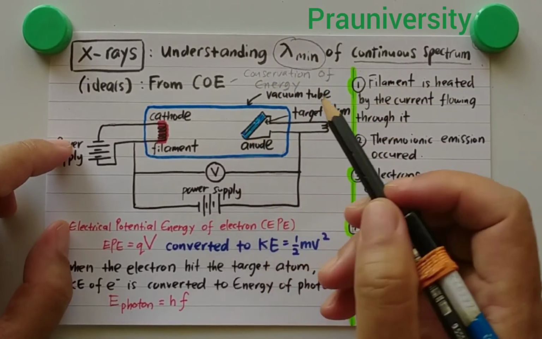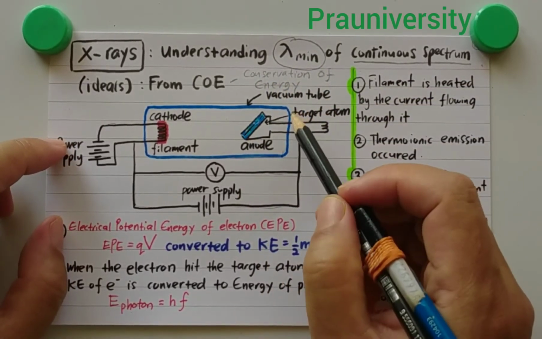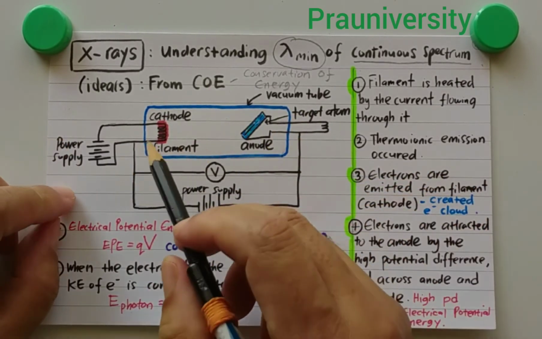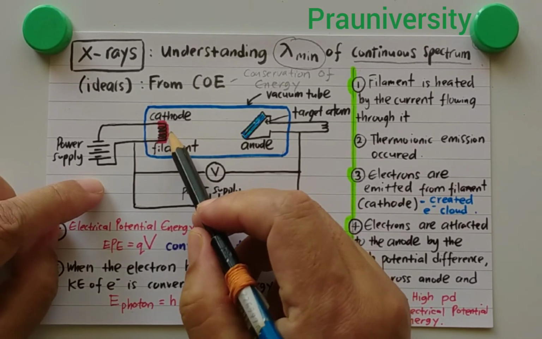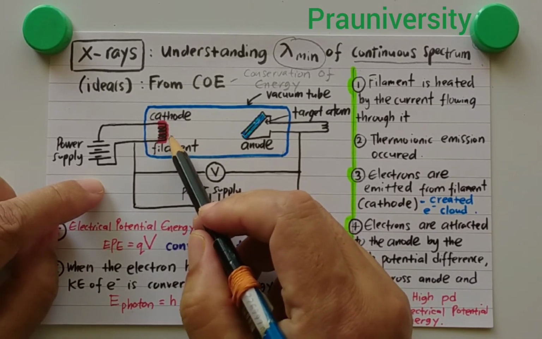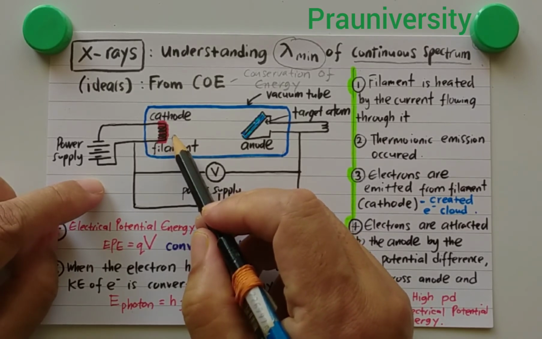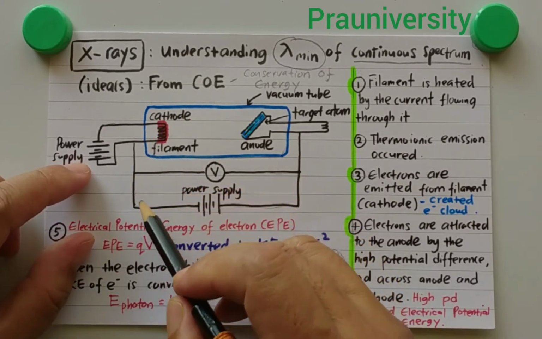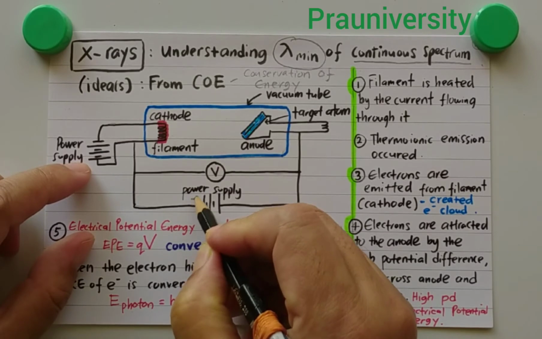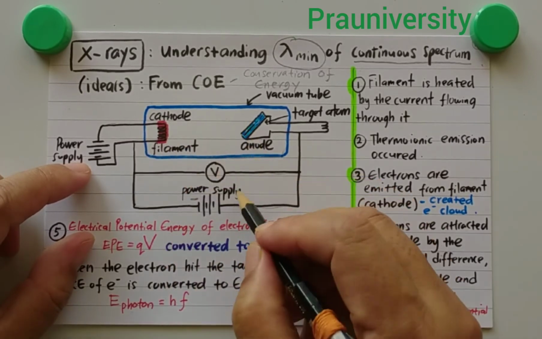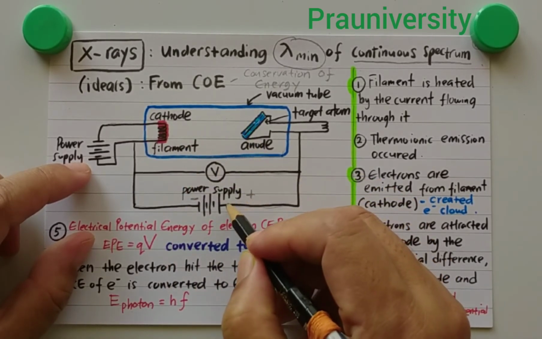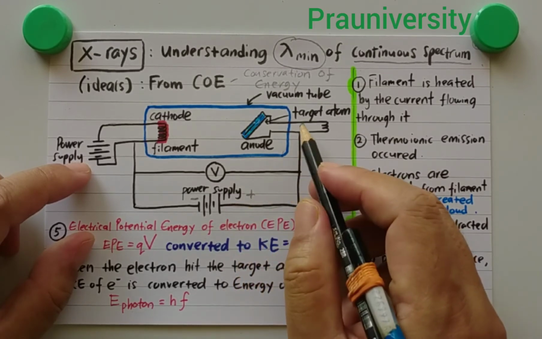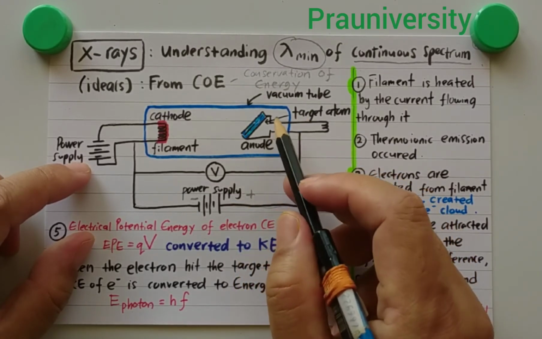Okay, so before that we need to understand the circuit. Here is the filament, and the filament is a cathode because the cathode is connected to the negative terminal of the power supply, and here is the positive terminal of the power supply, connected to the anode.